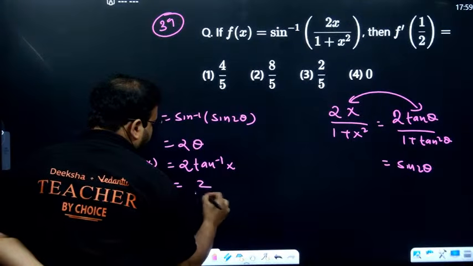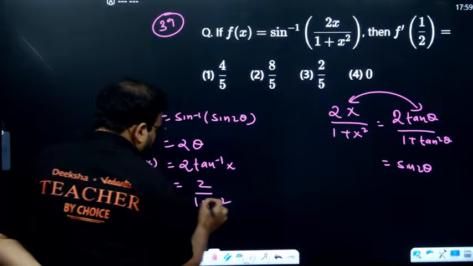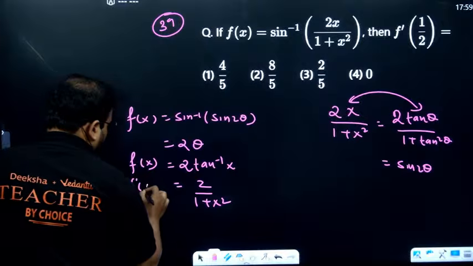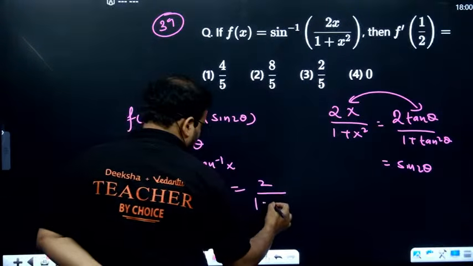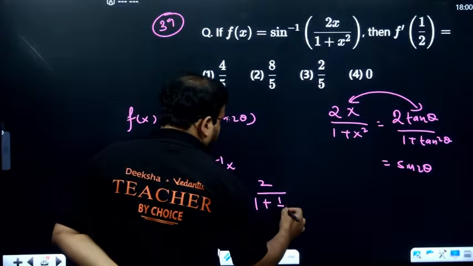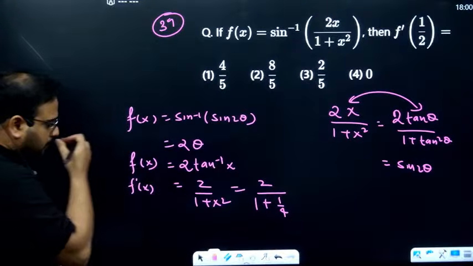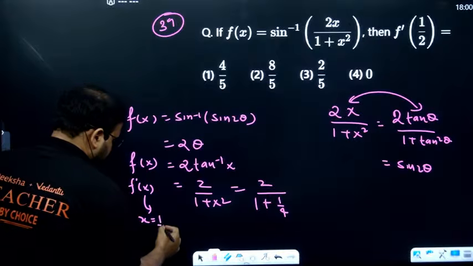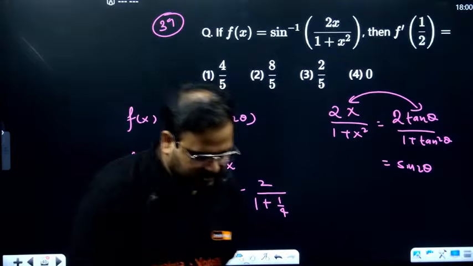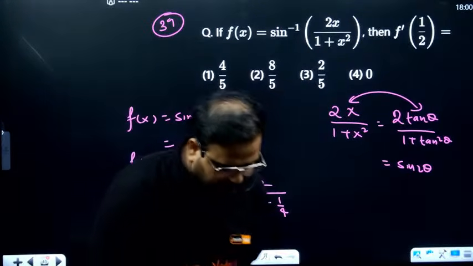Because if you do 2 upon 1 plus x square for f dash of x, you'll have 2 upon 1 plus 1 by 4. Yes, Deepak, 2 is correct.